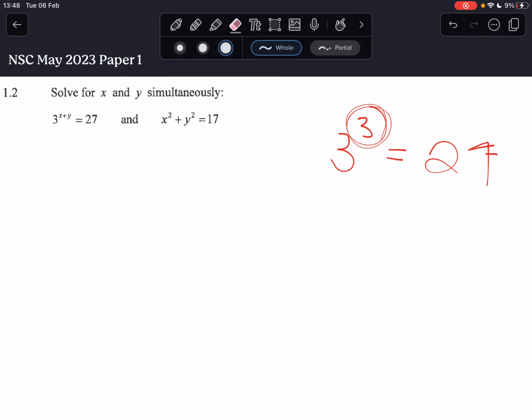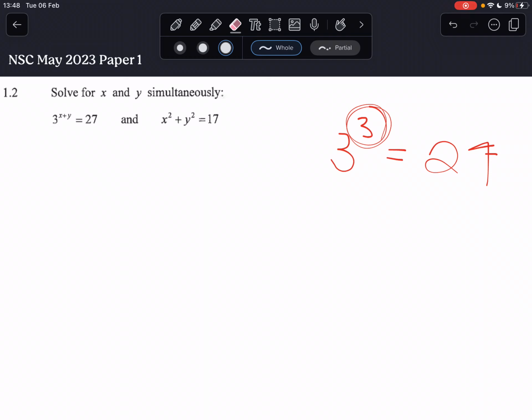Right, so typically how we go about solving this kind of system of simultaneous equations, where you don't have linear equations for both, is that you would usually have a linear equation which you can rearrange and then use to substitute into the quadratic one.